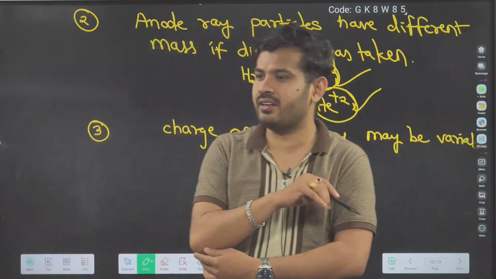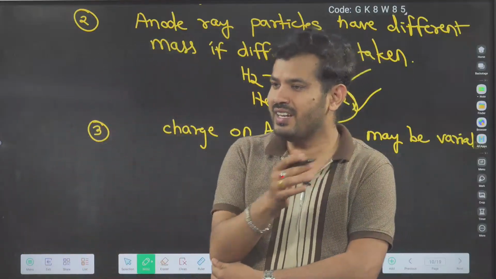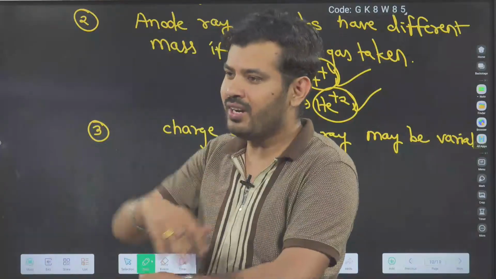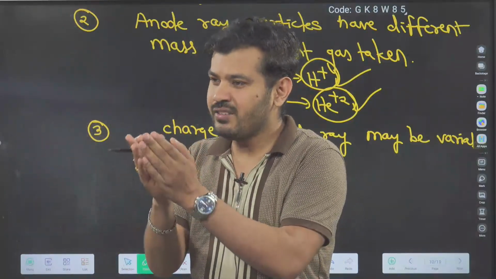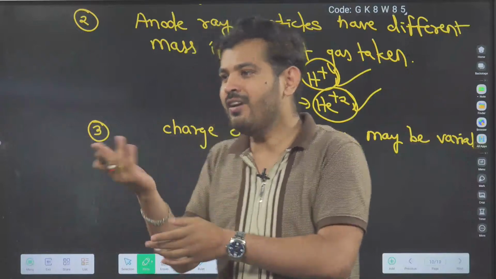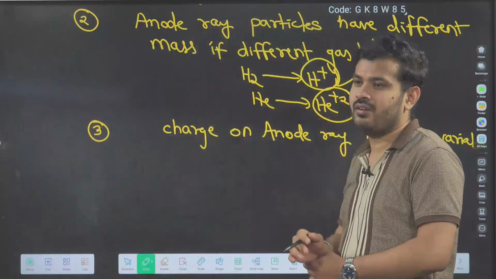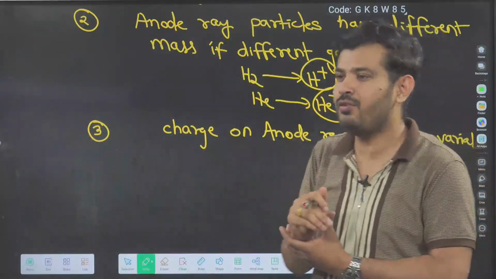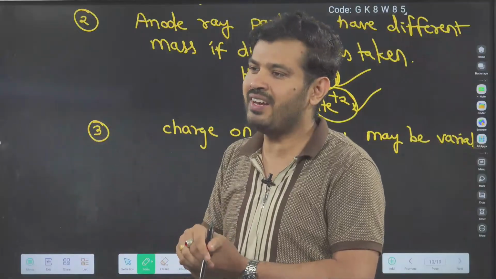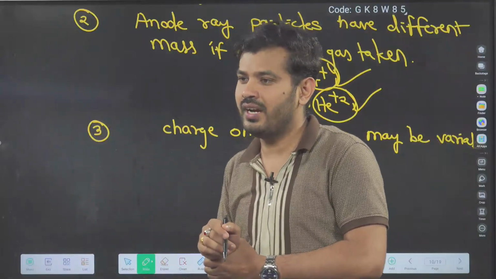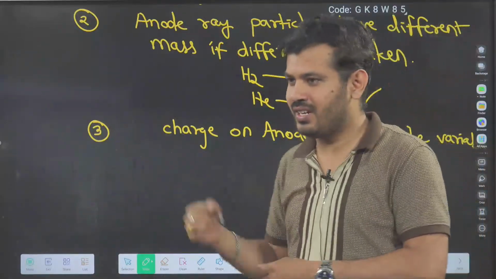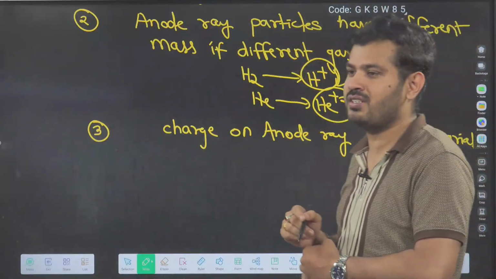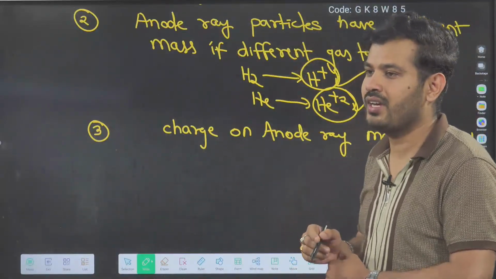You should not say like that. We are not going to release the gas outside. The gas will be there inside the tube. The gas will break down and it will form these positive charged ions. If you ask why the gas is breaking down, we have supplied very high voltage, for which the gas will break down and will form these positive charged ions.